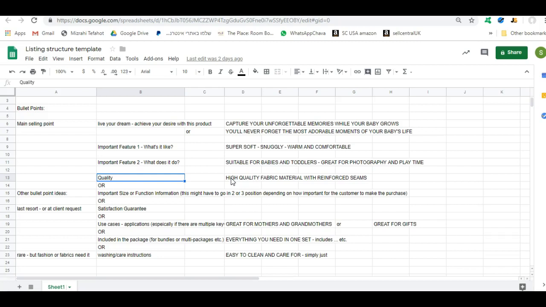That's so cliche, and of course everyone says that. But what about the product is high quality? Well, it's hand woven cotton, or it's organic cotton. It's very lush organic cotton with reinforced seams, double stitched, using some stitching method or whatever.